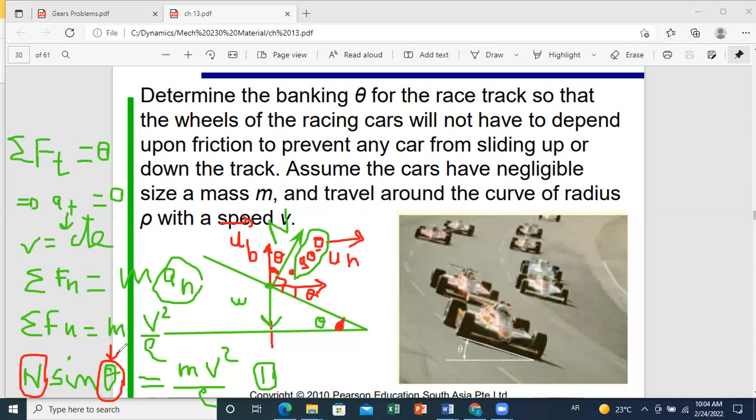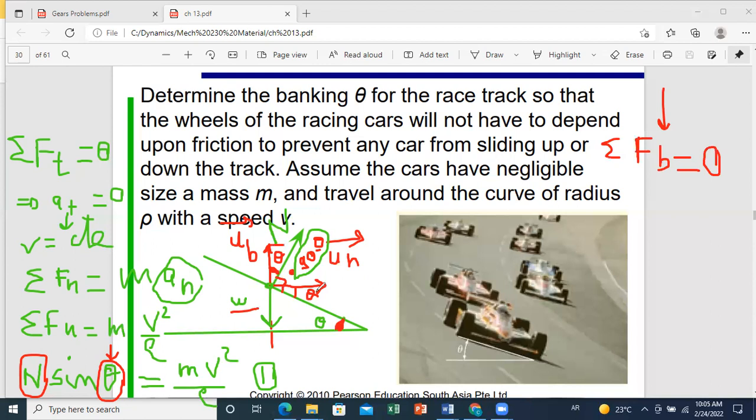To do this, I still have one relation that I didn't use, which is the sum of forces along UB equal to 0. This relation will be very helpful because I have projection of forces along UB. So this will allow me to relate my normal and my weight.